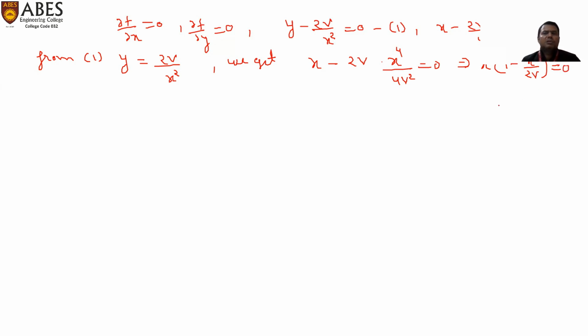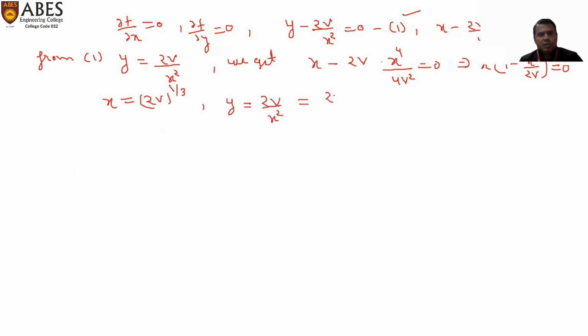Since x cannot be 0, it is the length, we get x equals (2V) to the power 1 by 3. Now, using equation number 1, we can find y. So y equals 2V upon x squared.